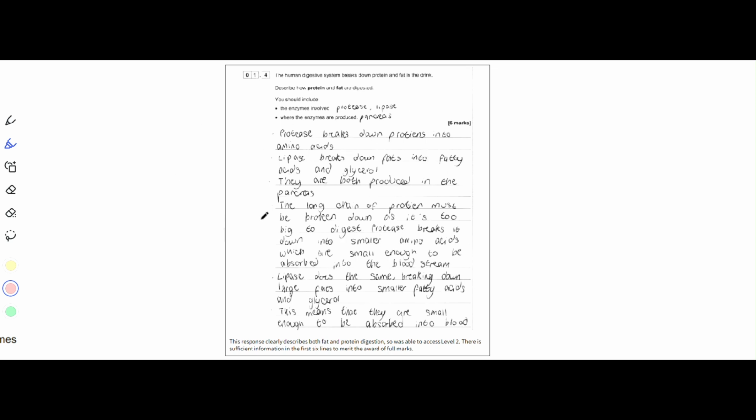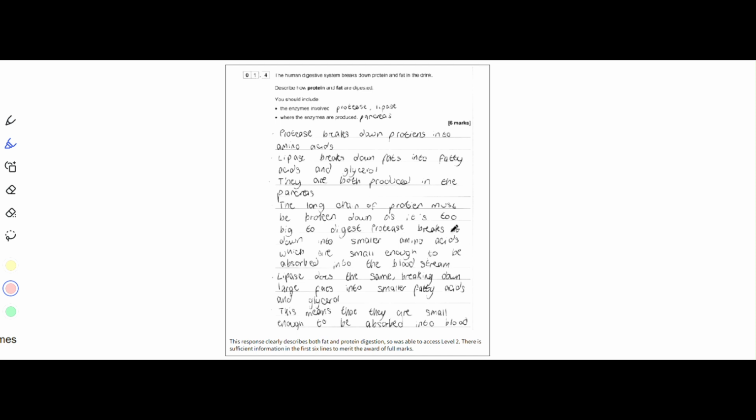And this was part of the report for this exam. In this answer it has been written: protease breaks down proteins into amino acids, lipase breaks down fats into fatty acids and glycerol. They are both produced in the pancreas. And the long chain of protein must be broken down as it's too big to digest.